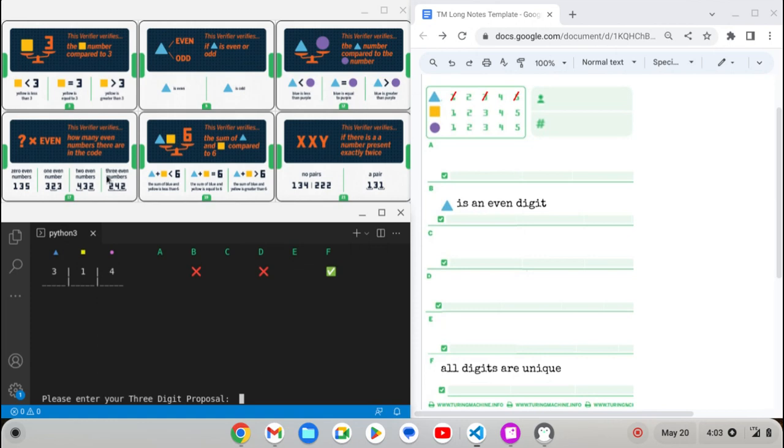So I'm going to write that in my notes for section D, that there are either 2 or, well, let me spell it out here, 2 or 3 even digits.